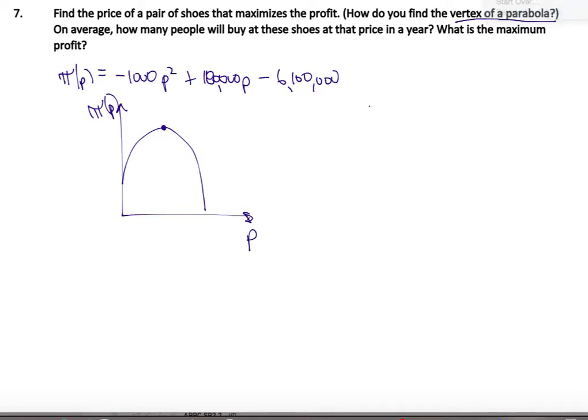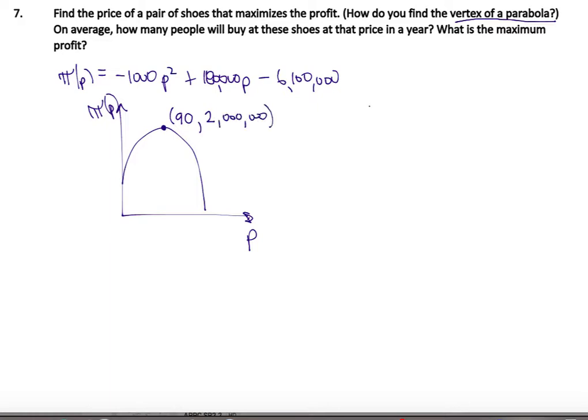When you do that, you end up with an x coordinate, or a price rather, of 90, and you can plug this number right back into your profit function. So that's negative 1,000 times 90 squared plus 180,000 times 90 minus 6,100,000, and you get a profit of 2 million here.